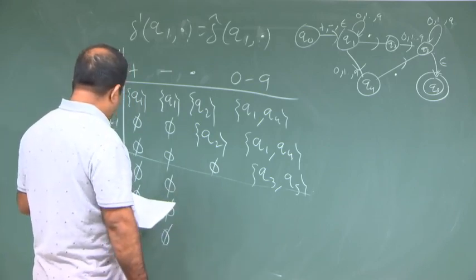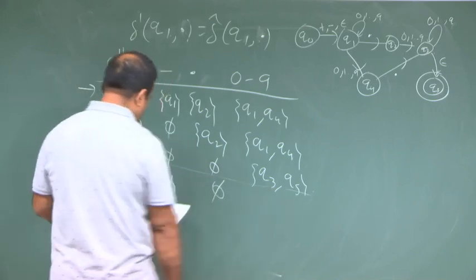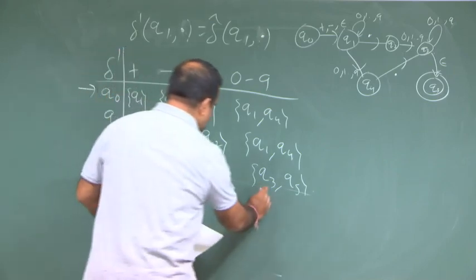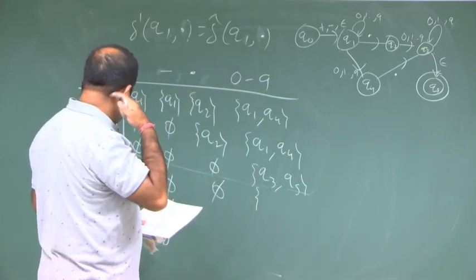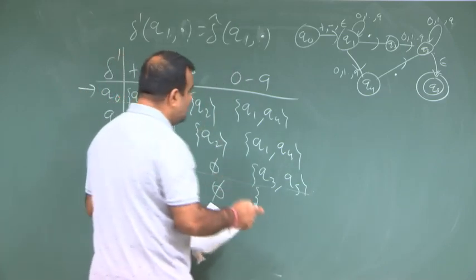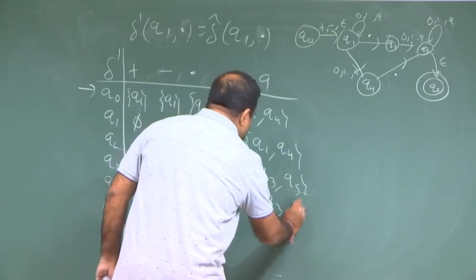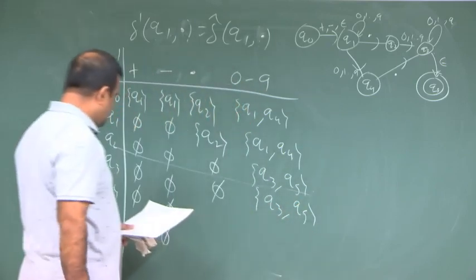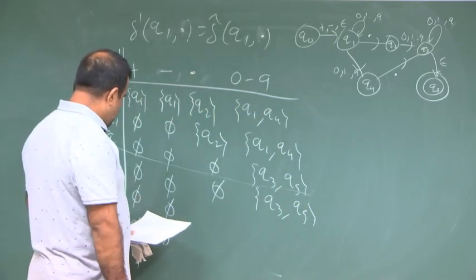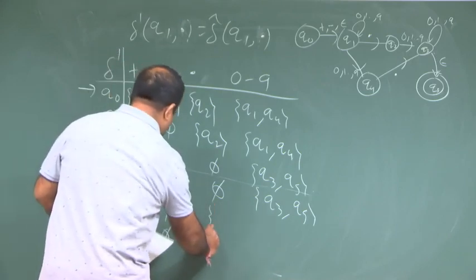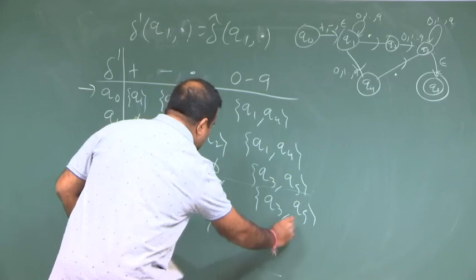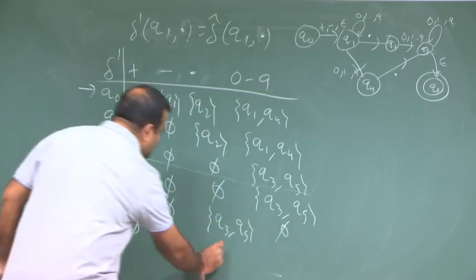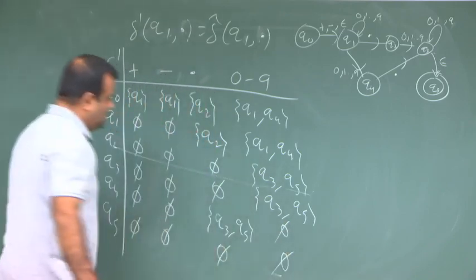For q3 we can go to q3 and q5, and this will be q3 q5, and this is empty. You can easily verify this.